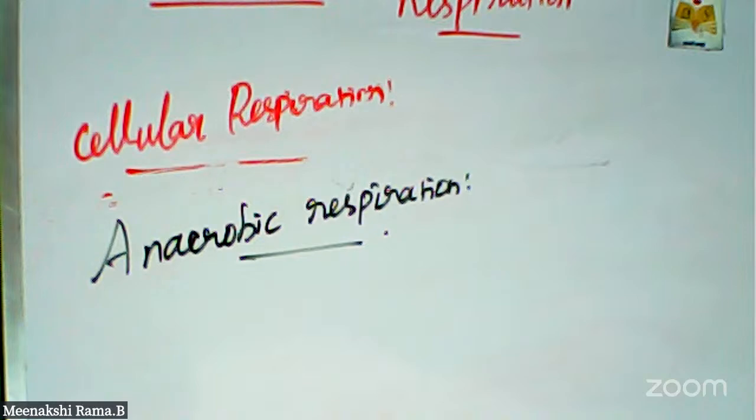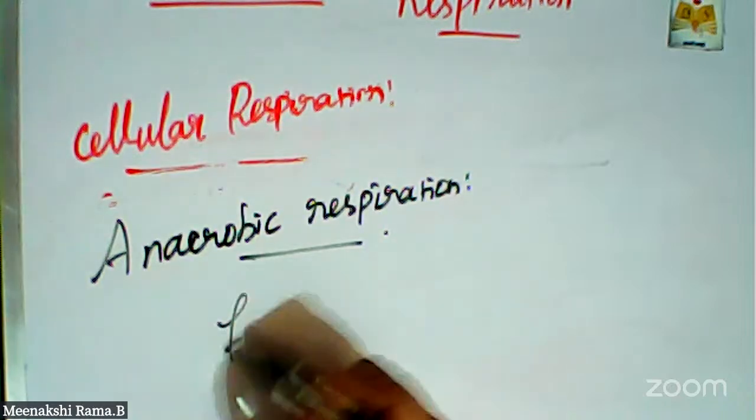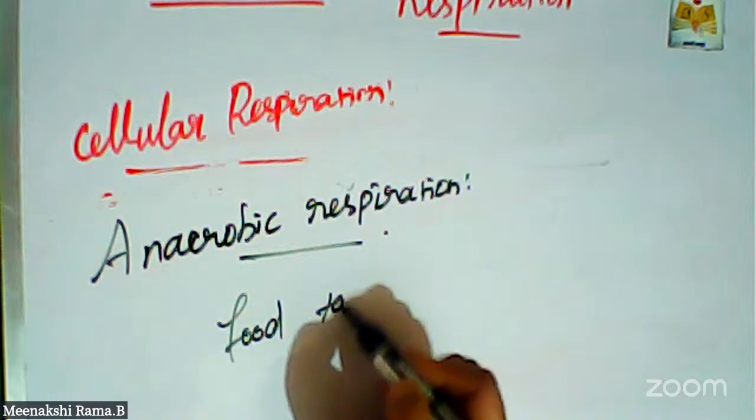The part of oxidation means the oxygen is taking part. So, that is the oxidation process. Partial oxidation of food takes place in the organism and then releases the energy.